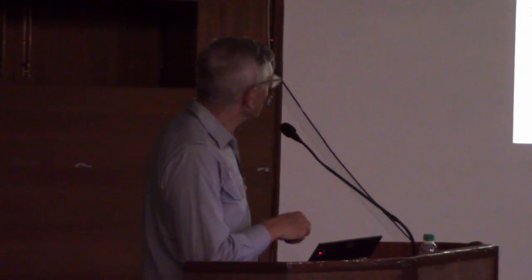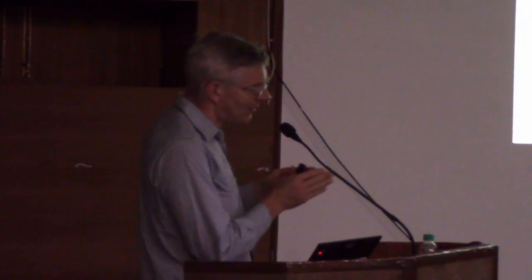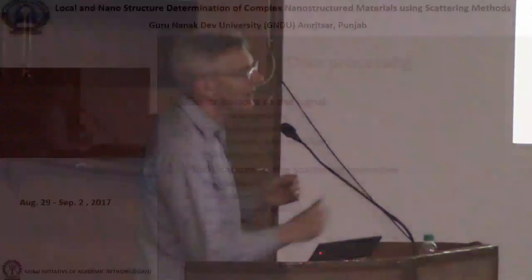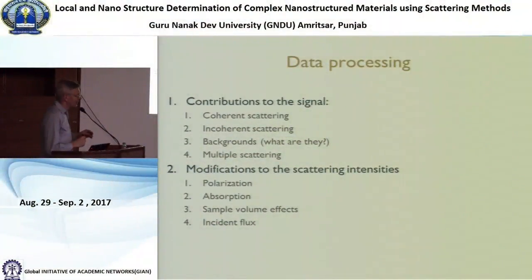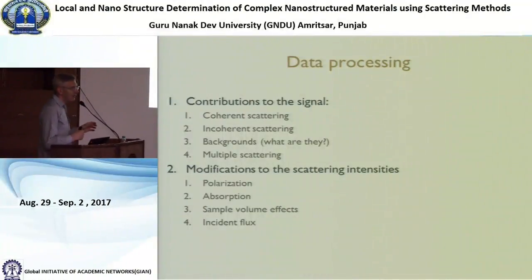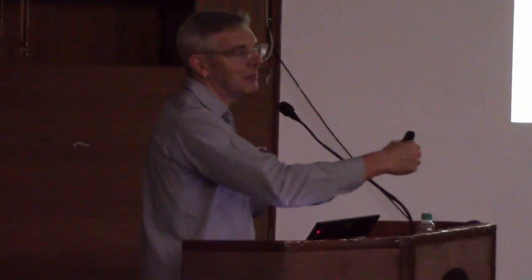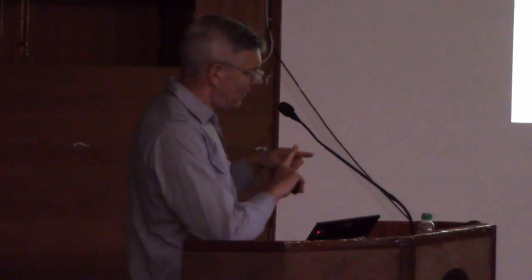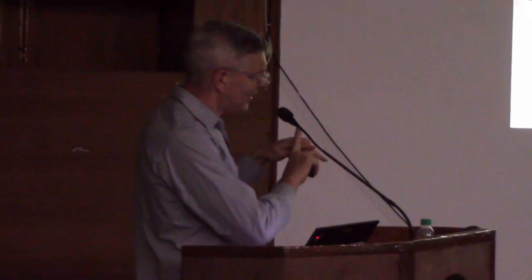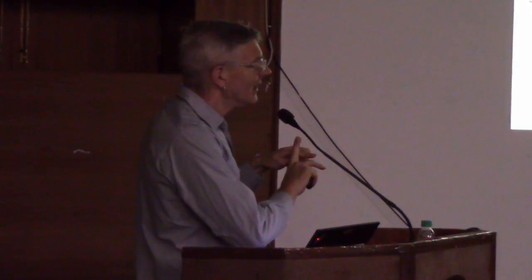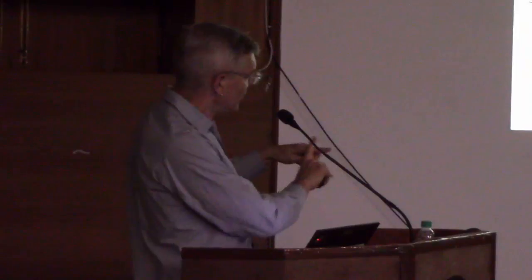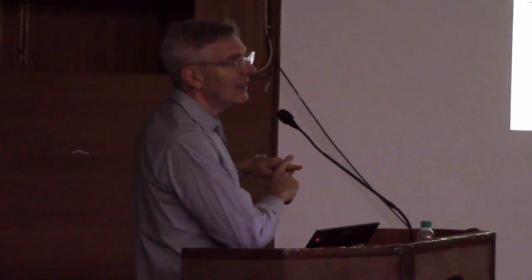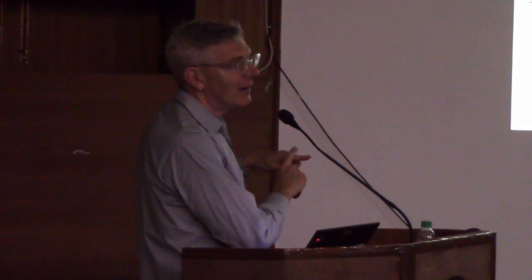Now, we have to do a polarization correction because you scatter off your sample at some angle, and it turns out that, depending on the polarization state of your incident beam, the intensity you get at that angle is modified. If the electric field is oscillating in some direction and you're looking at it from some other direction, you take a projection of that.